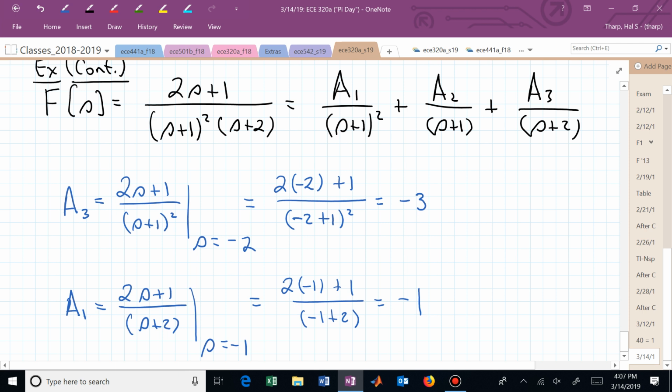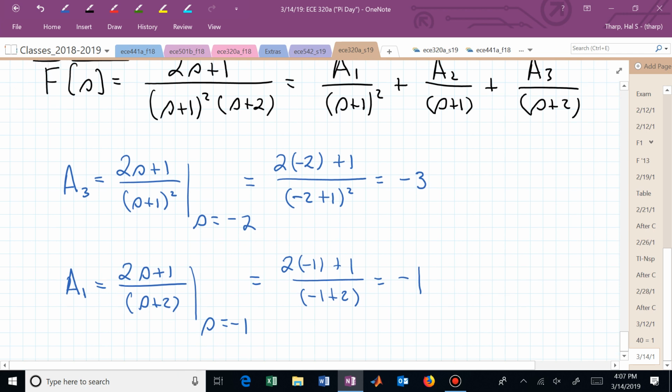Here, if you multiply through by s plus 1, then you have some terms that still contain an s plus 1 in the denominator, and if you set s equal to minus 1, you're going to have infinity equals infinity. How do you find anything in that infinite space? It doesn't tell you anything. That's why we have different strategies for finding A sub 2.